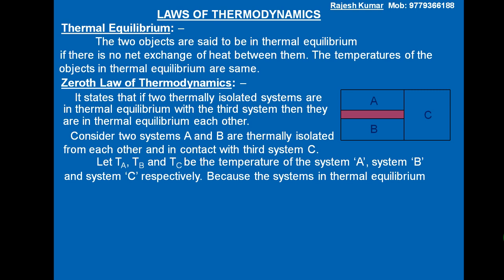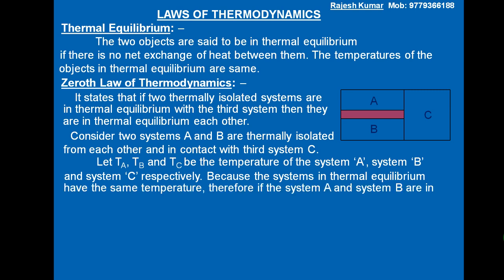Because systems in thermal equilibrium have the same temperature, if system A and system B are in thermal equilibrium with system C, then TA is equal to TC. Let it be equation number 1. And TB is equal to TC. Let it be equation number 2.